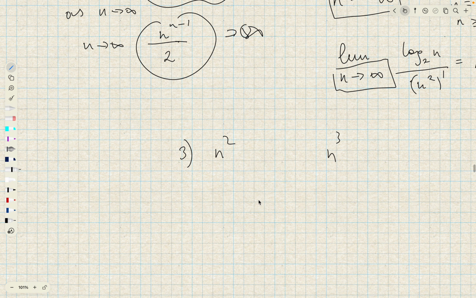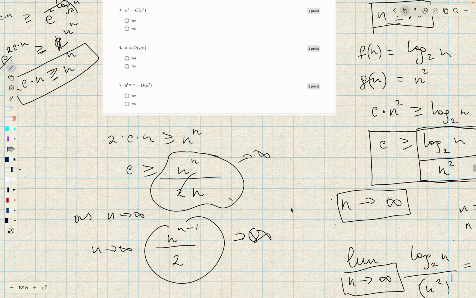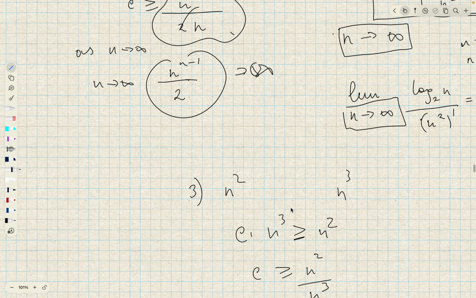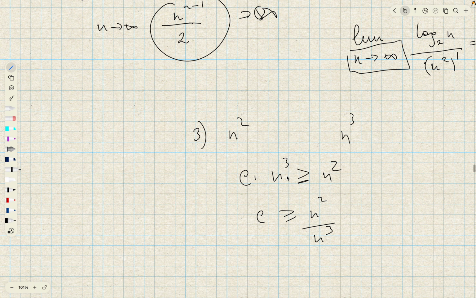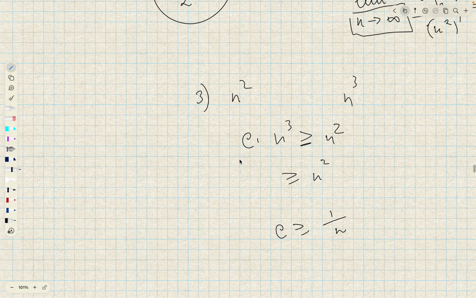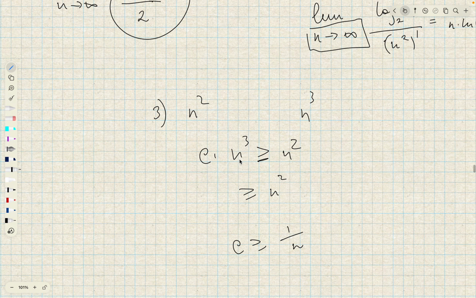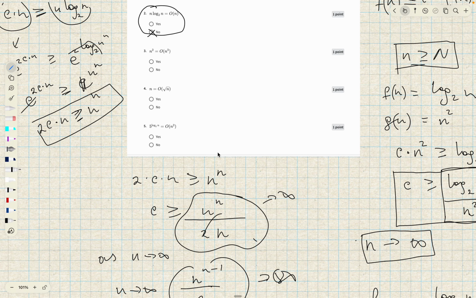By definition we should have cn cubed bigger than n squared, and then let's find c: c is bigger than n squared divided by n cubed, so c is bigger than 1 over n.